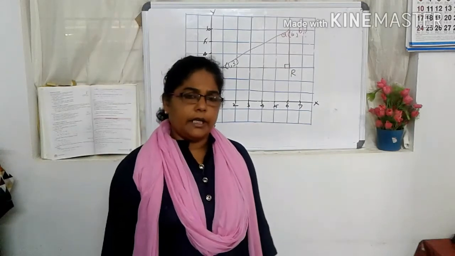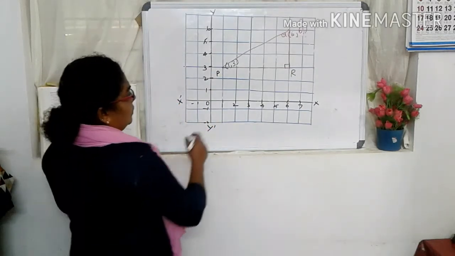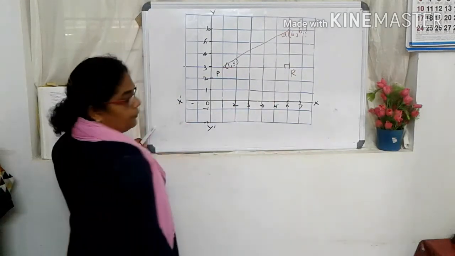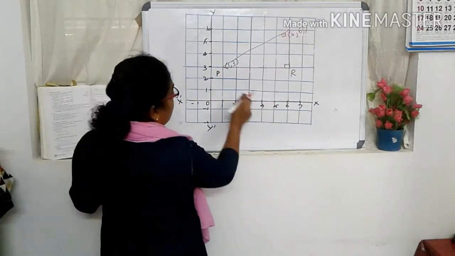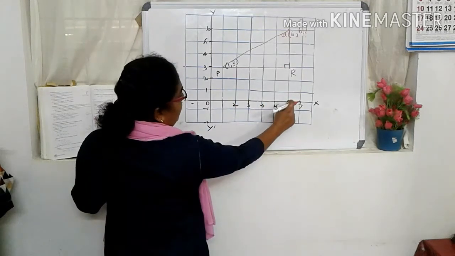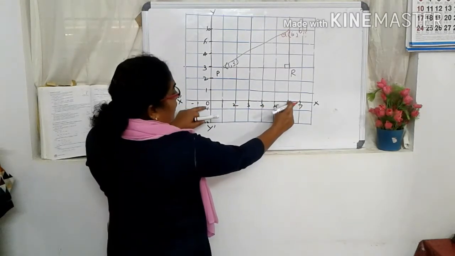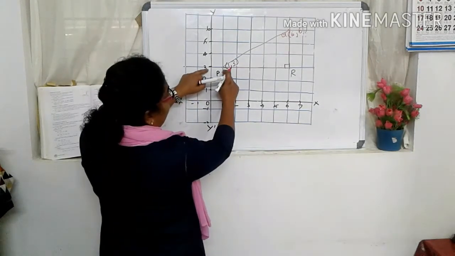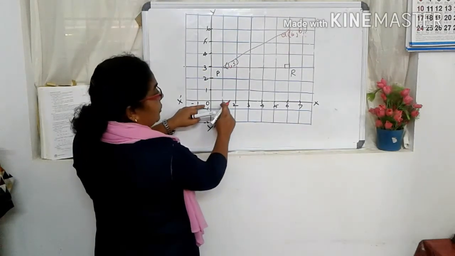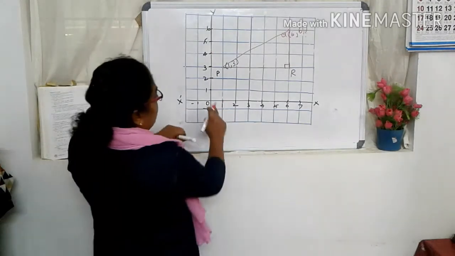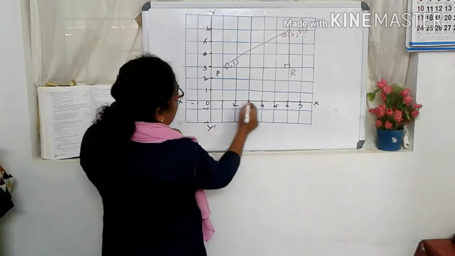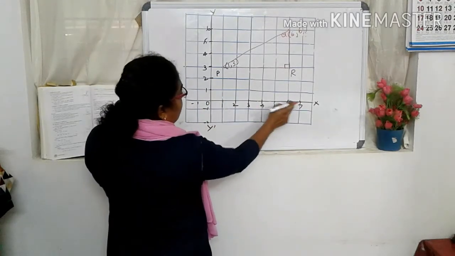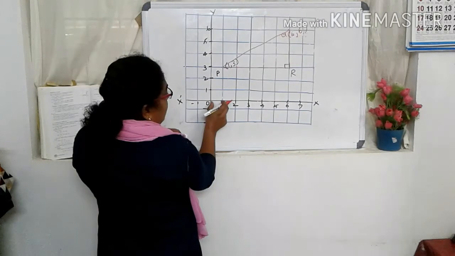How can we find the length of PR? This is the point P and this is the point R. R is how many units away from the origin? 6 units. And P is 1 unit away from the origin. So the total length is 6 units, and out of that 6 units, 1 unit is taken here.